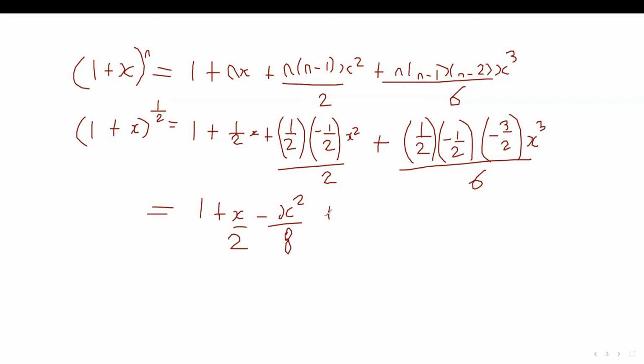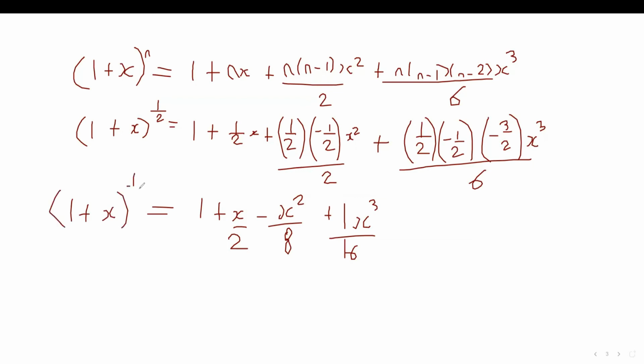So that is then plus 3x cubed over 48. That's just basic calculation. But if you want, 3 over 48 is 1 over 16. So this would be x cubed over 16. So this is the expansion of 1 plus x to the half. Follow that, Marika?